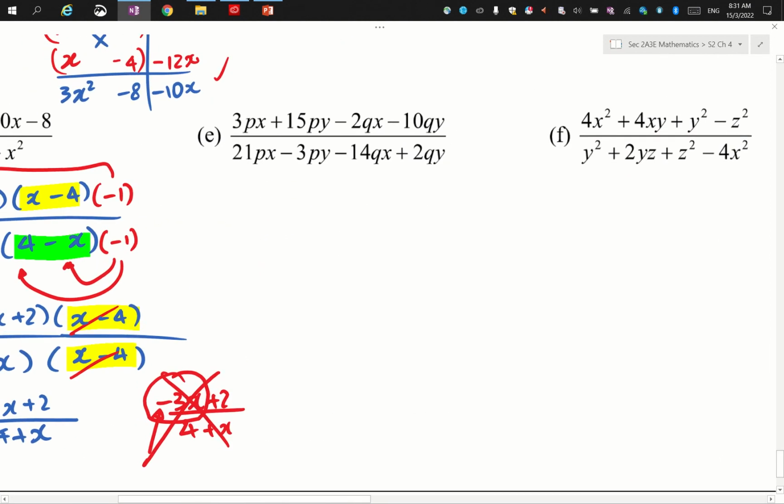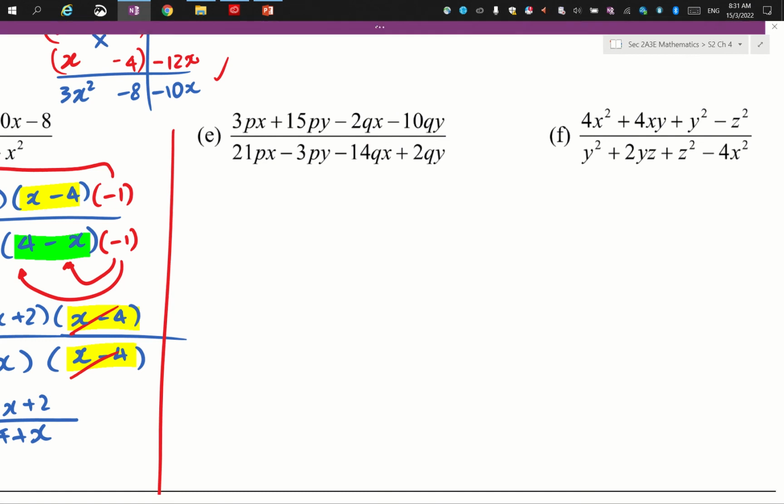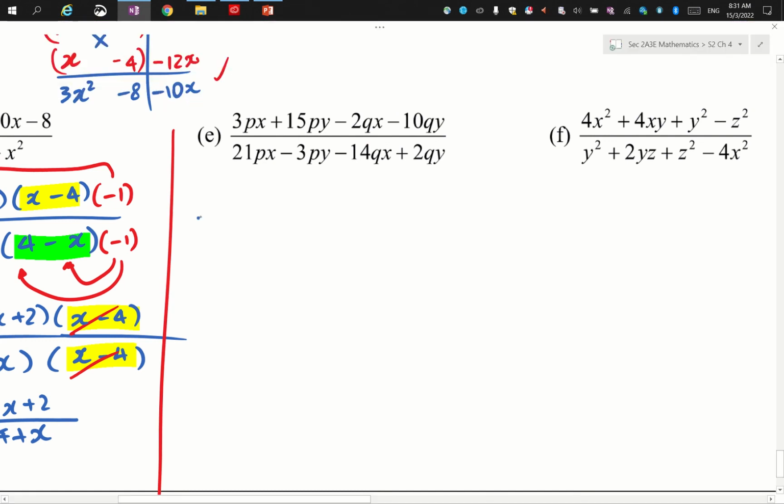Okay, in part E, we've got our 4 terms. So 4 terms, pair them up. First 2 terms, we've got 3p as a common factor, so leaving us with x plus 5y. In the next 2 terms, we want to factorize out negative 2q, so that we have again x plus 5y.